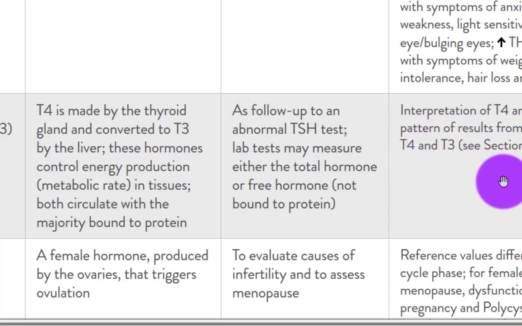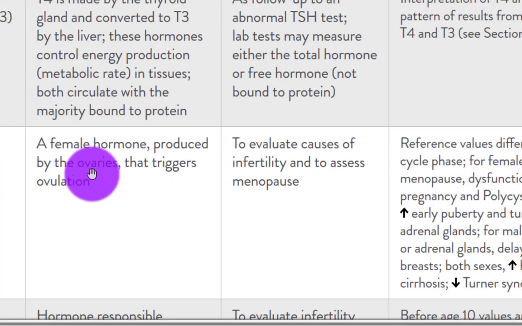T4, T3, and estrogen, a female hormone produced by the ovaries that triggers ovulation. To evaluate the causes of infertility and to assess menopause. Reference values differ by menstrual cycle phase for females. Low levels are seen after menopause.